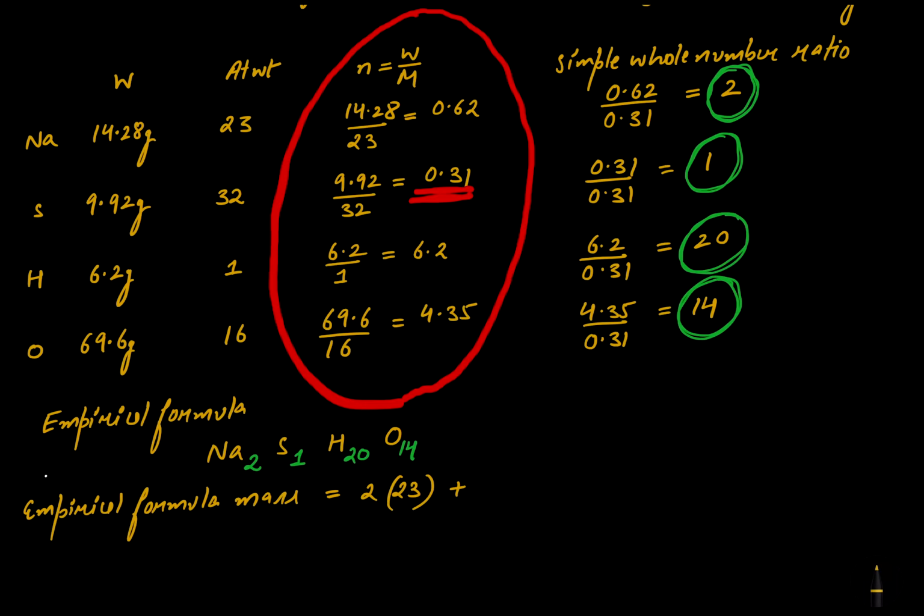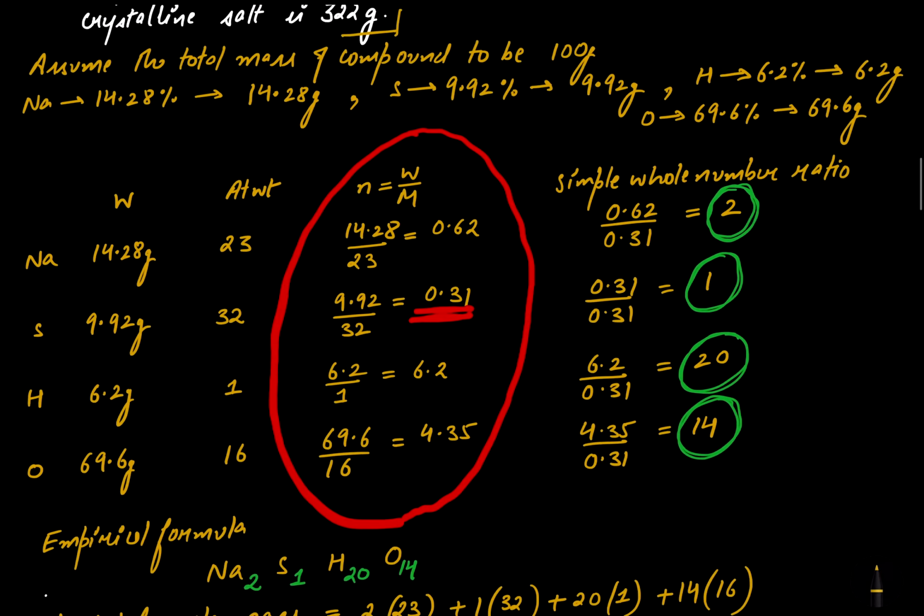What's the atomic mass of sulfur? It's 32. How many sulfur are there? It's 1. What's the atomic mass of hydrogen? It's 1. How many hydrogens are there? 20. What's the atomic mass of oxygen? It's 16. How many oxygens are there? 14. When I calculate it, I got my value to be 322.